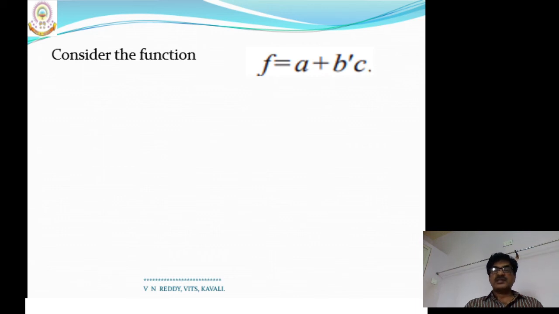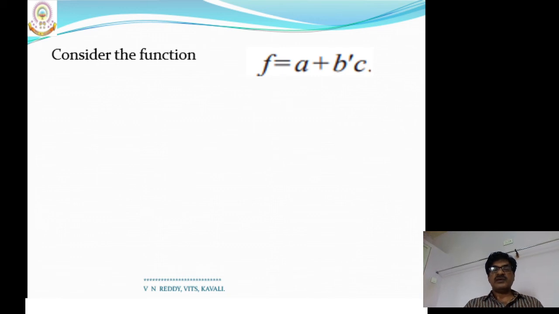In the expansion, whichever variable you take, you expand with reference to that variable. First of all, I am expanding this function with reference to A. Expanding means I have to show variable A in both true and complement form. Here A is available only in the true form.